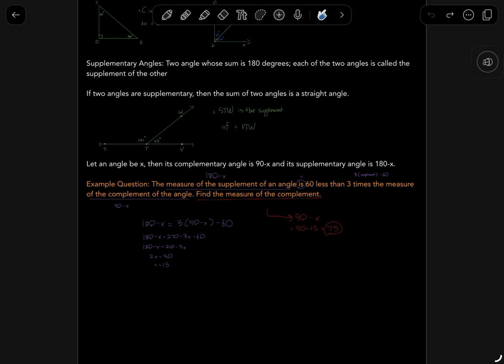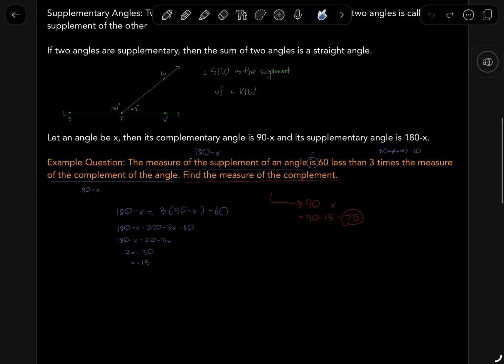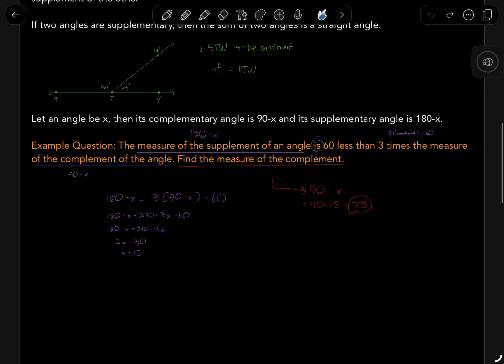Now, most of the time when you're dealing with supplements and complements, there are going to be proofs, which is why I went over those theorems, but there are also going to be a lot of algebra questions. I've mentioned one of them here. The key for any of these supplement and complement questions is that you have to read the problem and translate each phrase into a mathematical expression.